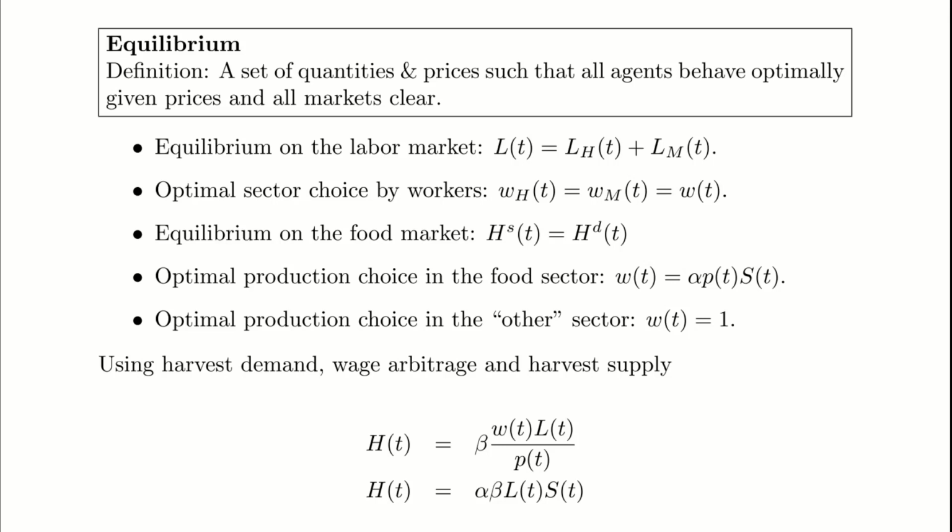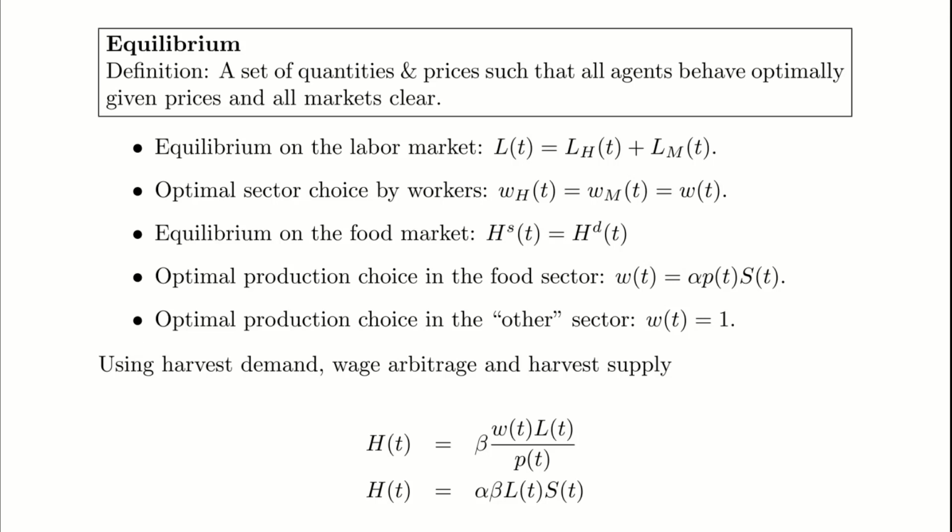The last condition we need to use, equilibrium on the food market, so the supply of harvest HS has to equal the demand for harvest HD. And the optimal production choice, implying that the wage is equal to the real marginal productivity of workers.